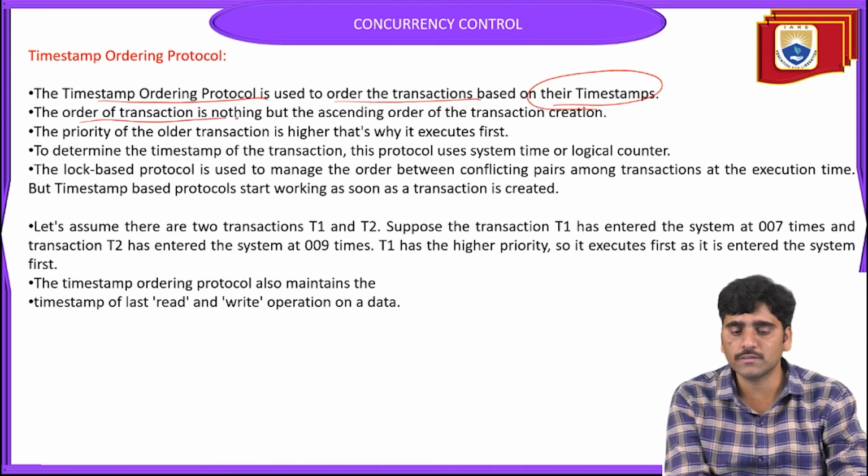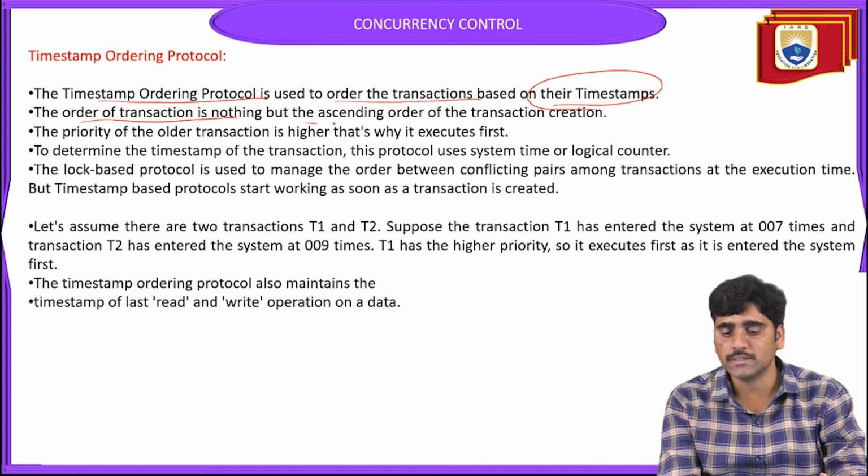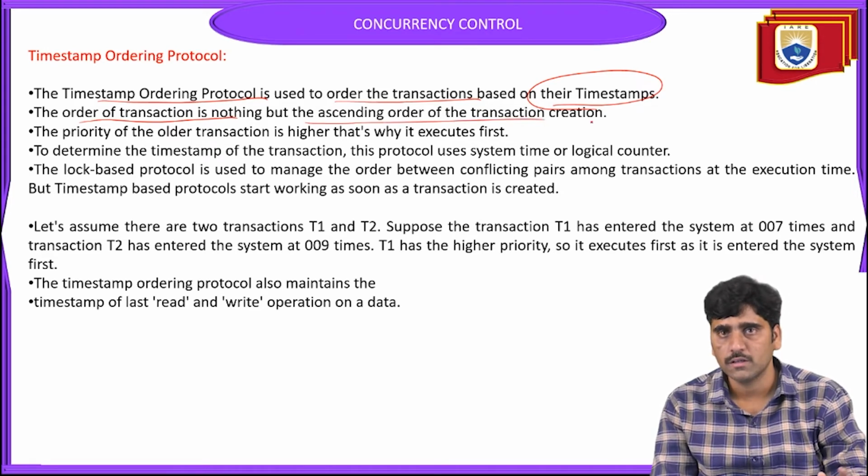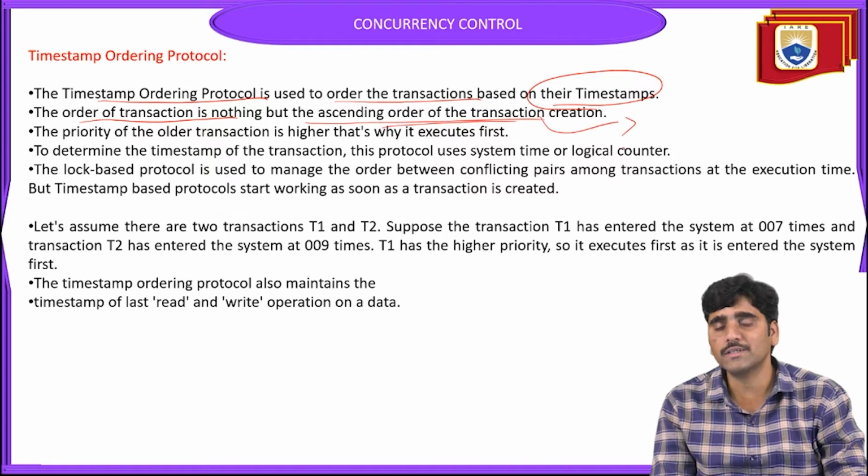The order of transactions is the ascending order of transaction creation. That means whichever transaction comes first is executed first, and whichever comes last is executed last. That is an ascending order.